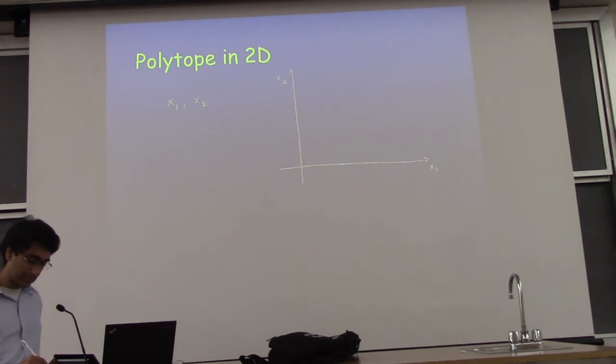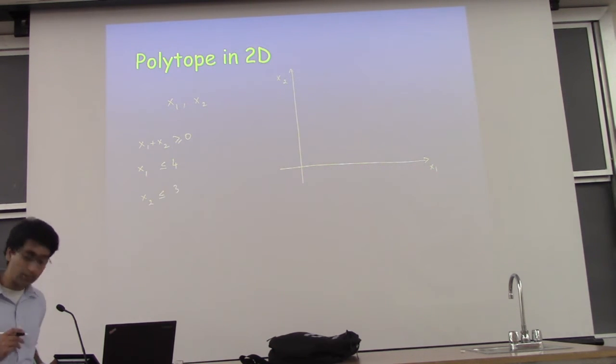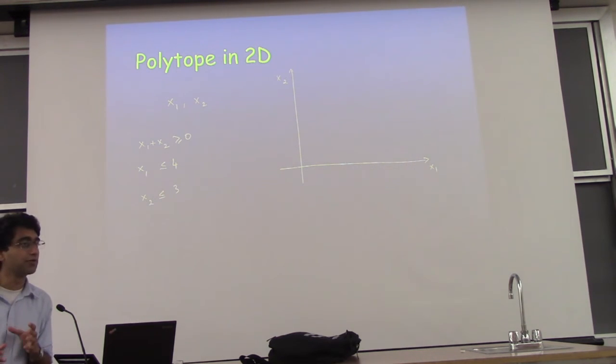I'm going to write constraints like x1 plus x2 is bigger than or equal to 0, and x1 less than or equal to 4, x2 less than or equal to 3. So this is just a very simple set of constraints.